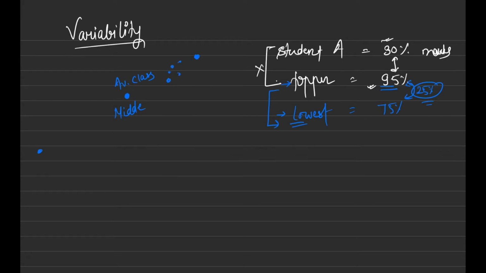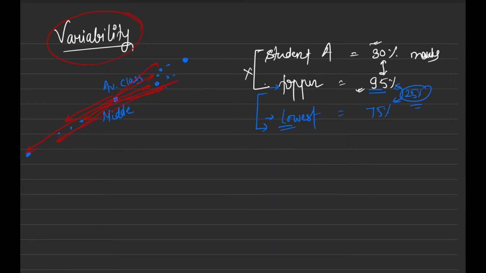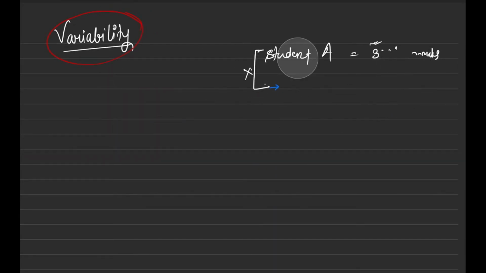Some students are here, some students here. So the deviation of the students from the middle point or the average also comes under the concept of variability, because it's very important to understand the data spread. These are the concepts that we will understand in this video.